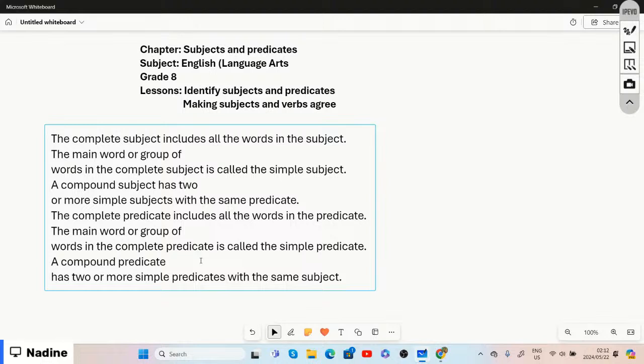And a predicate is like the verb and all the other words that come after that specific verb. So it tells you what the action is that the person is doing.